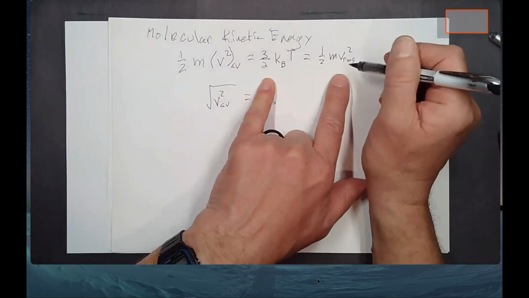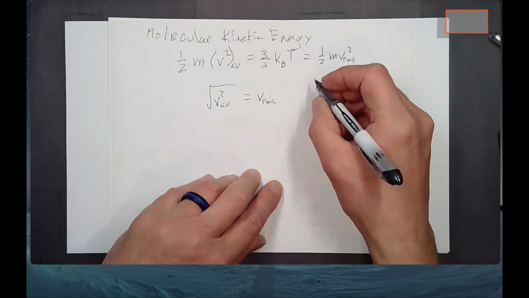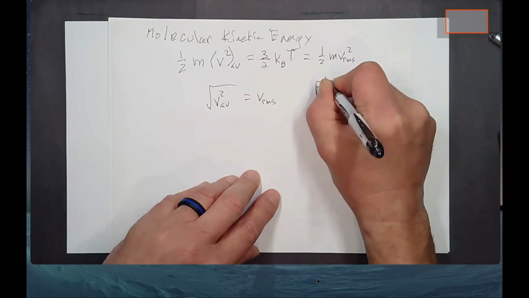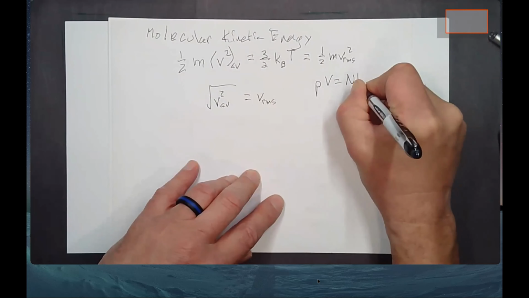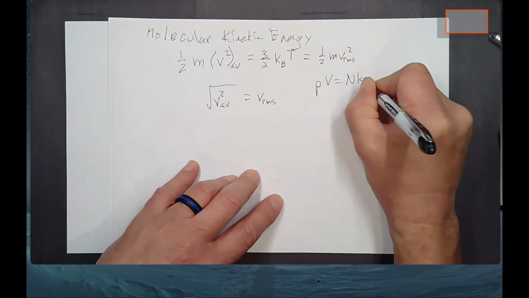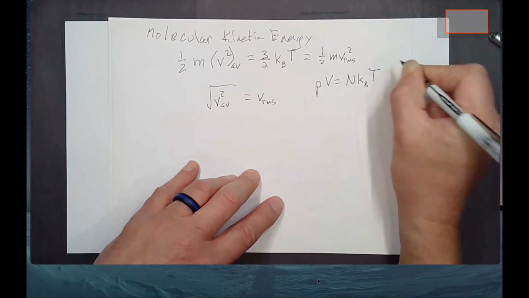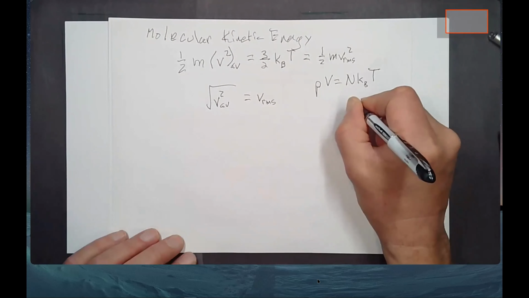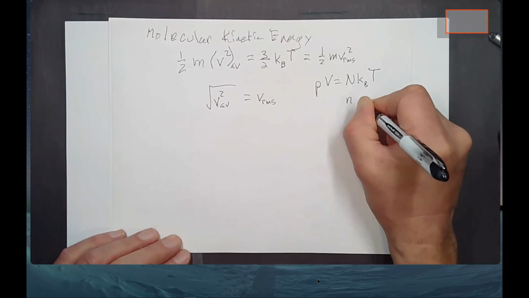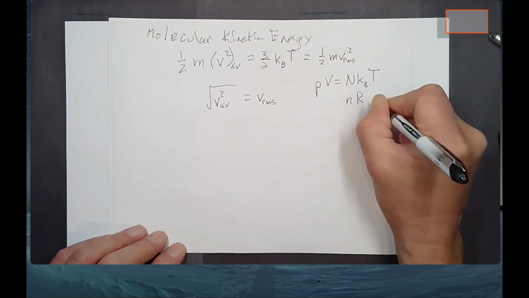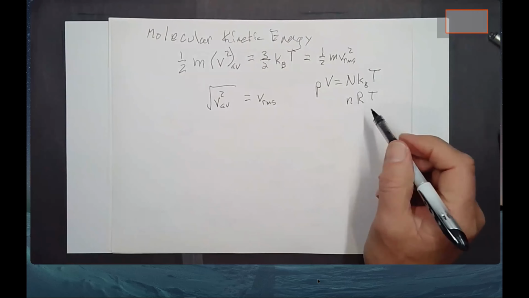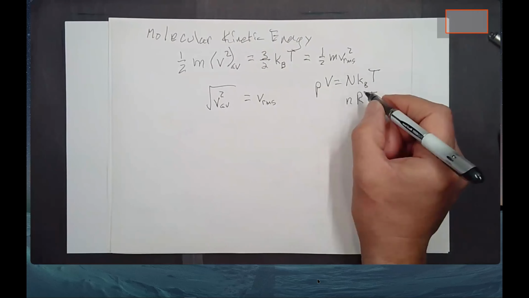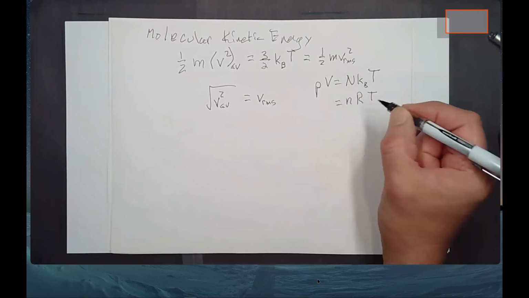Now, this stuff is developed using that ideal gas law that had PV equals capital N times k sub B, Boltzmann's constant, times T. Again, that's different from the chemistry version, which has lowercase n and a capital R times T, which we are going to be using some today. So either one of those things works in this case.